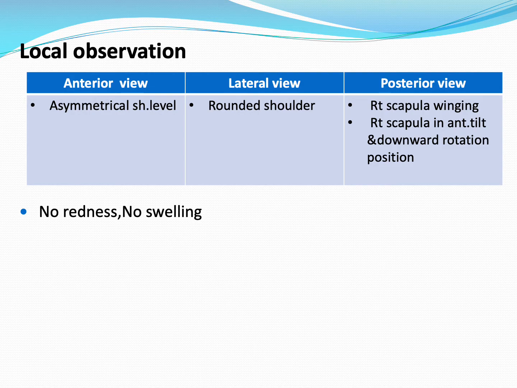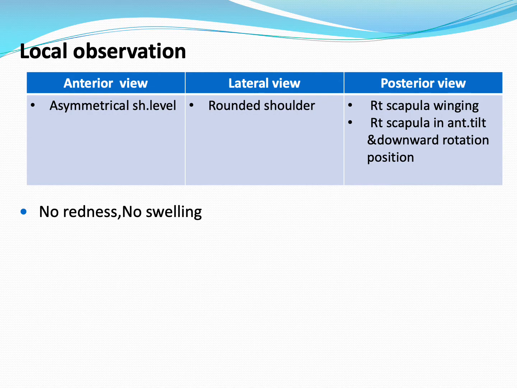On lateral view, I found this patient has rounded shoulders, and on posterior view, I found this patient has right scapula winging, with the right scapula in an anterior tip and downward rotation position. However, there is no redness and no swelling noted over the right shoulder region.